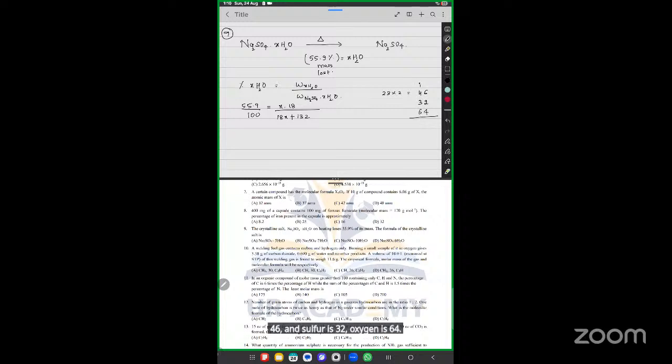So 142, I left that one. So 142 is the right answer. So what is X in this case? Can you solve it and tell? 10. Yes. Right answer. So what you have here is Na2SO4·10H2O, which is option C.